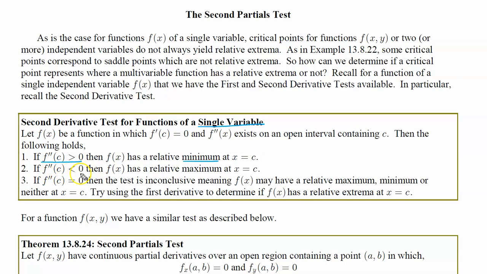If your second derivative is negative, that means that your function is concave down, so you have a relative maximum. If your second derivative is 0, then the test fails. Your function may be concave up, it may be concave down, it could even be a saddle point, so the test is inconclusive. You have to go back to the first derivative test to determine what type of relative extrema you have at x equaling c.